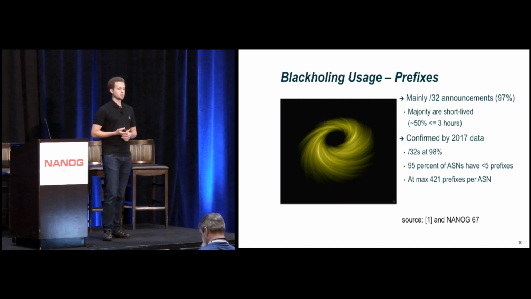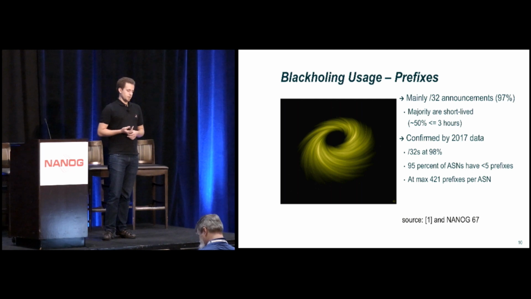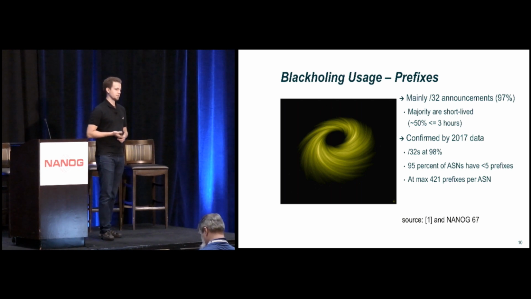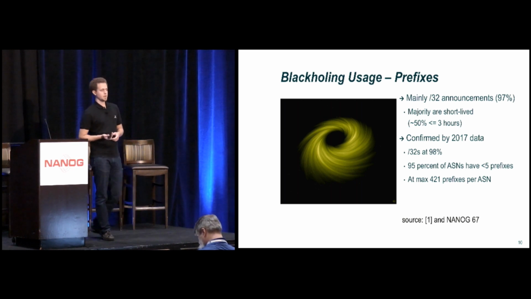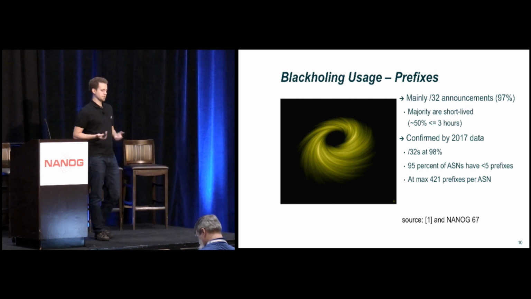We see that 50% live shorter than 3 hours. This is also confirmed by the current data. 95% of the ASNs have fewer than 5 blackhole prefixes that they are sending. And at maximum, we're seeing 421 prefixes per ASN. We're not really sure if this data is representative for the entire internet, but that's what we're seeing at our Frankfurt exchange.